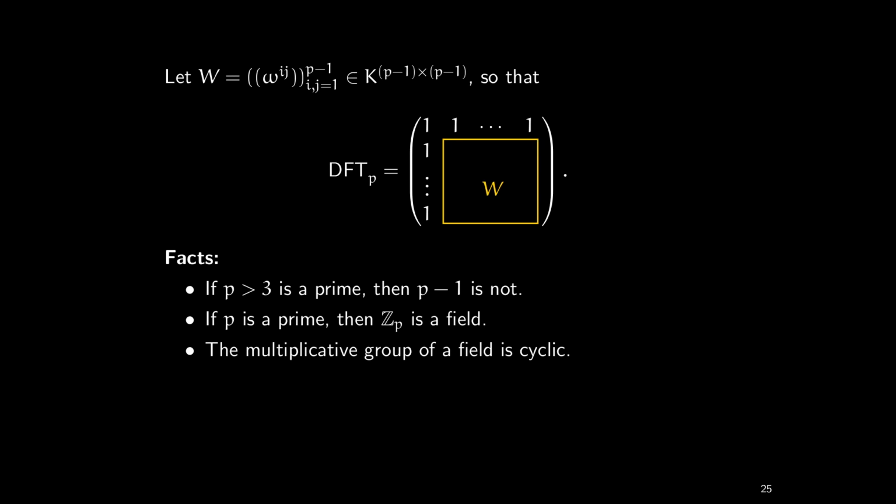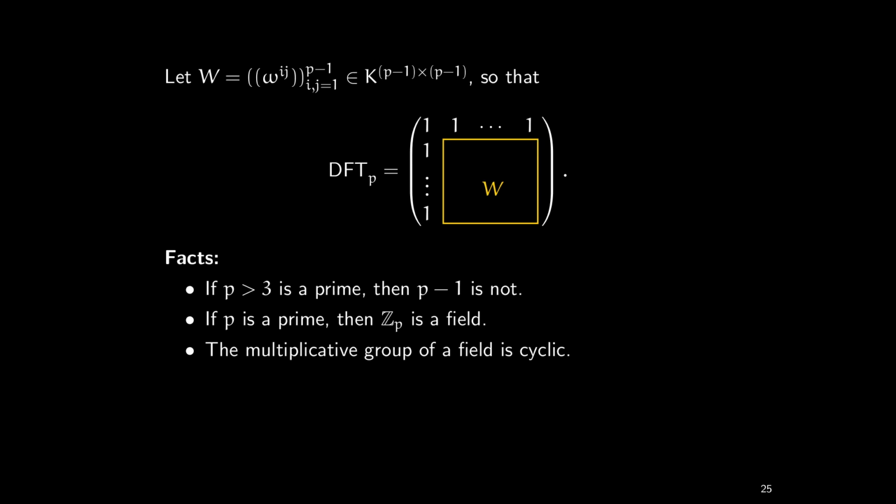What does this mean? That means if you take away from this field with p elements the 0 and consider this structure together with multiplication, then it is a group. This is the multiplicative group of the field. It's just the field without the 0. And to be cyclic means that it's generated by a single element.